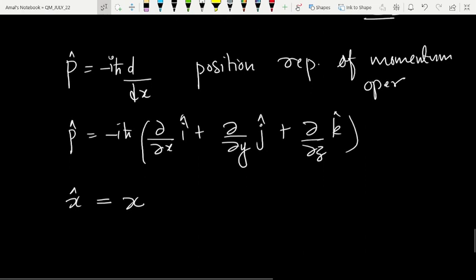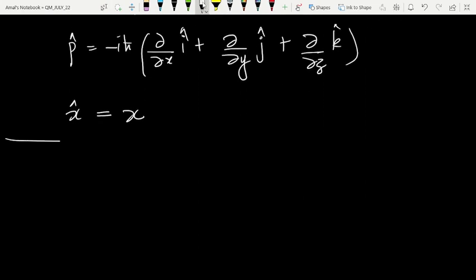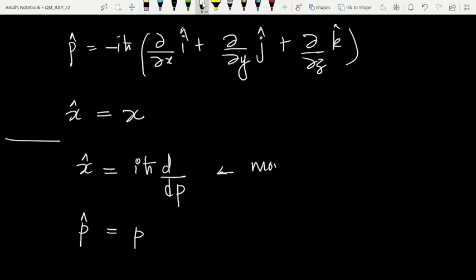There is no difference. Similarly, we can have the reverse, where we can have the momentum representation of position operator, which is ih cross d by dp, and momentum representation of momentum operator, which is just p, the x component of the momentum.